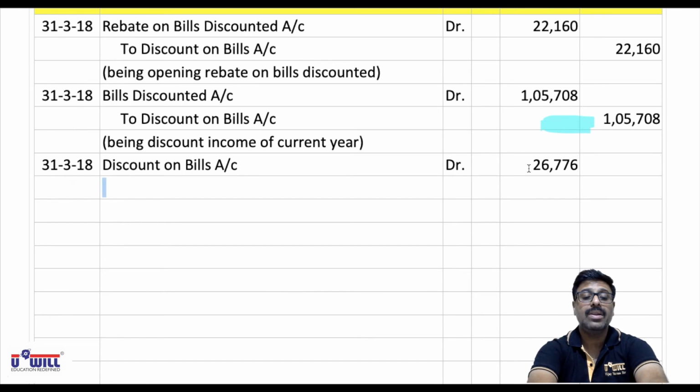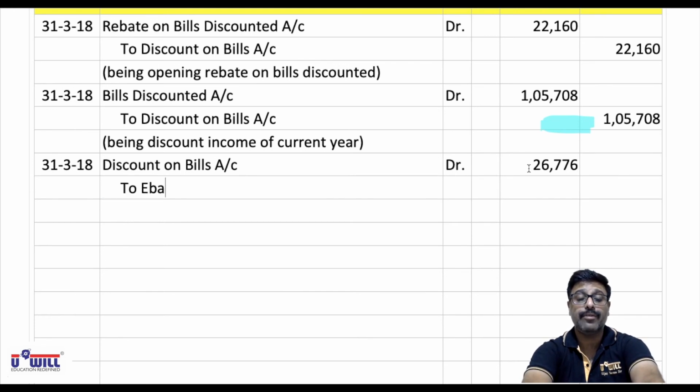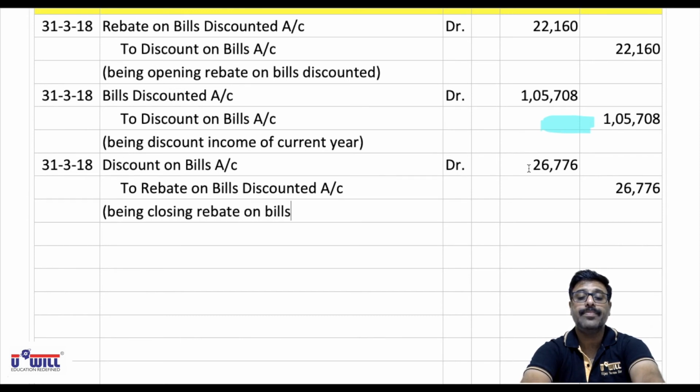And to rebate on bills discounted, that is pre-received income of next year. So to rebate on bills discounted account 26776. Reverse of first entry is to be done, being closing rebate on bills discounted.